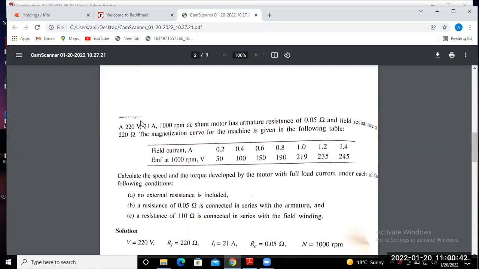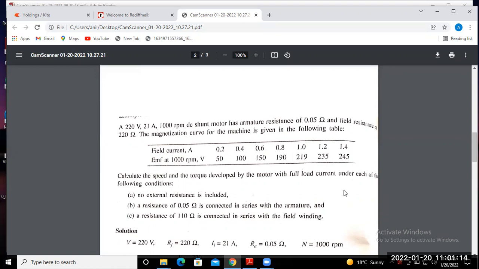So here we note down the input voltage 220 volt, and RF, the field winding resistance, equal to 220 ohm. The line current, or input current, is 21 ampere, the armature resistance is 0.05 ohm, and the velocity is 1000 revolutions per minute.